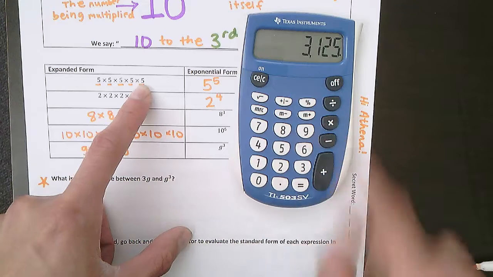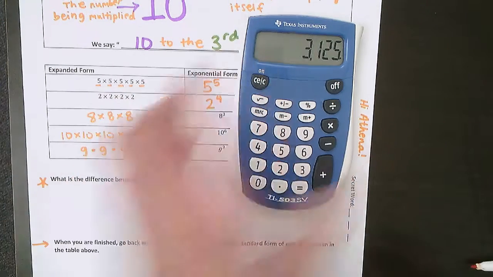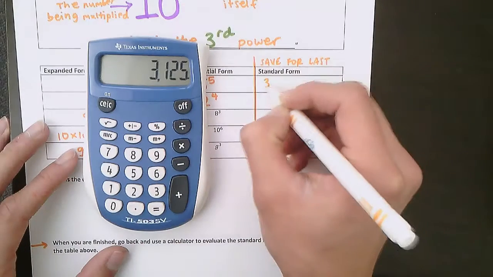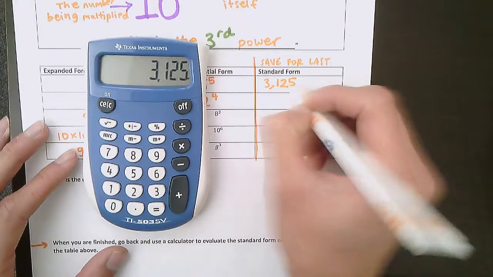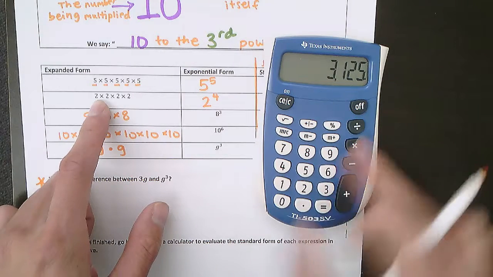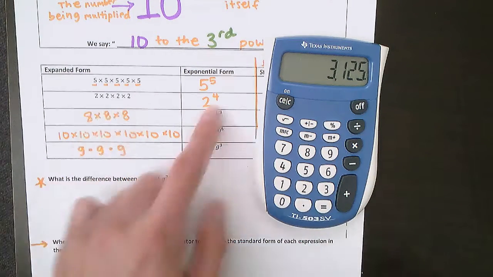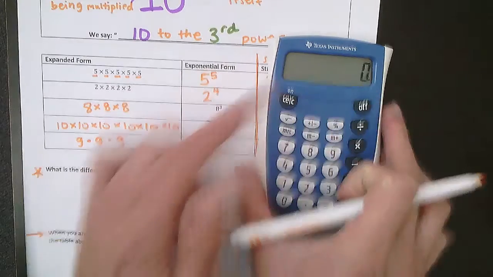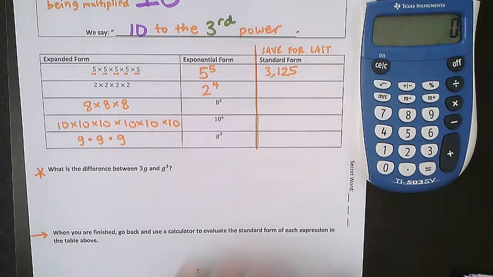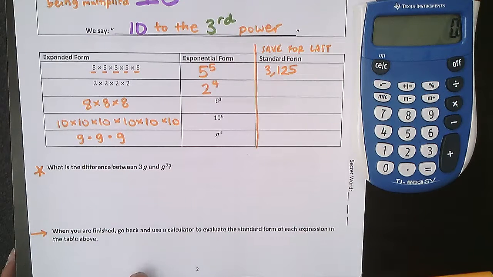So I did 5 times 5 times 5 times 5 times 5, and I get 3,125. That's my answer. So you just have to do number times number times number times number times number equals, and that gives you the number. Okay, so now you can use a calculator and fill the rest of this out on your own. And with that, we are all finished.